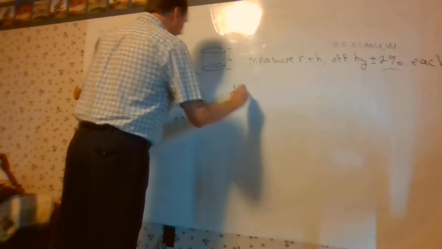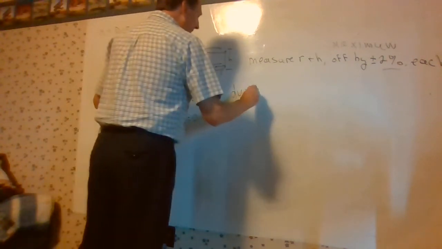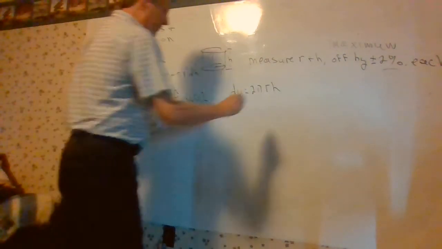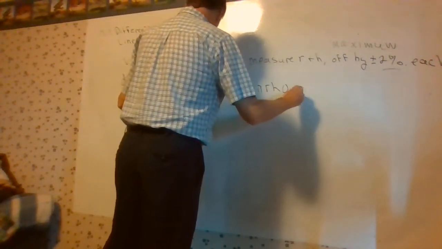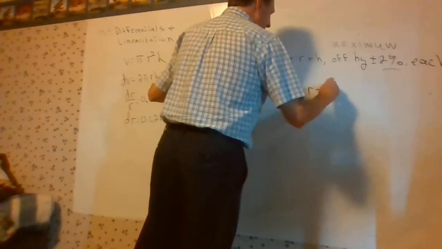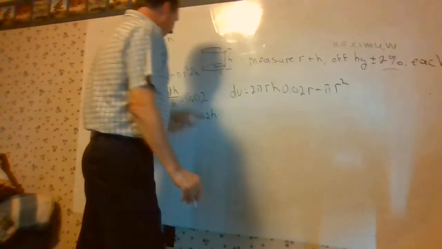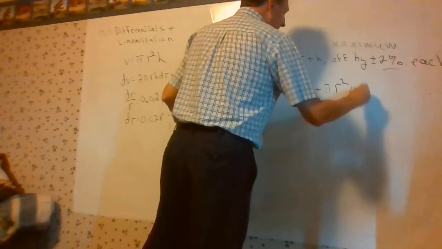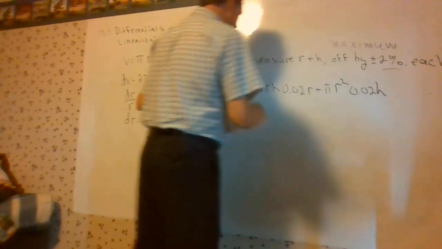So we can substitute, we get dV is equal to 2 pi r h. For dr, we're going to put 0.02 r, and then we have plus pi r squared, dH, 0.02 h.